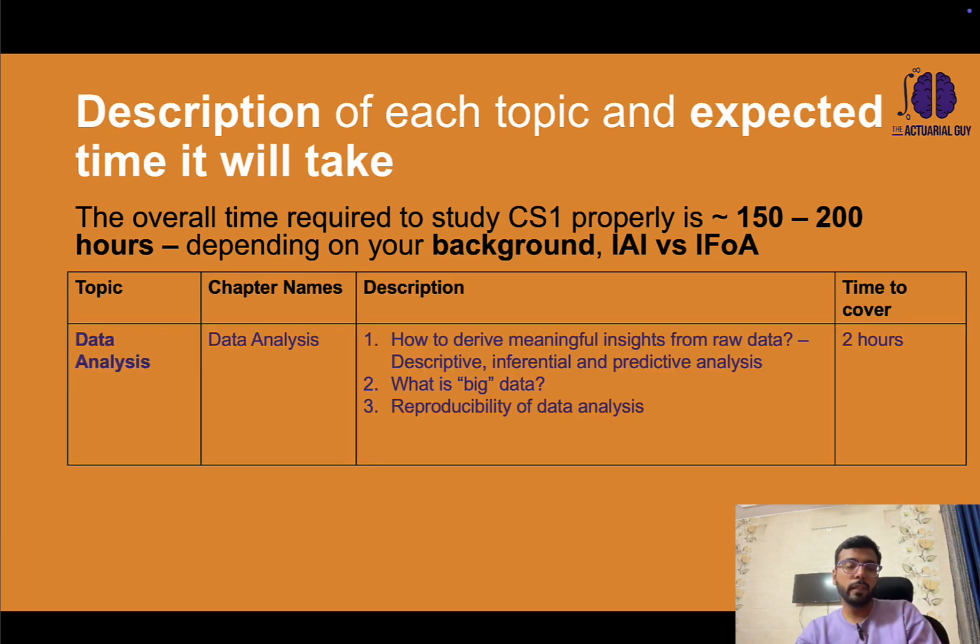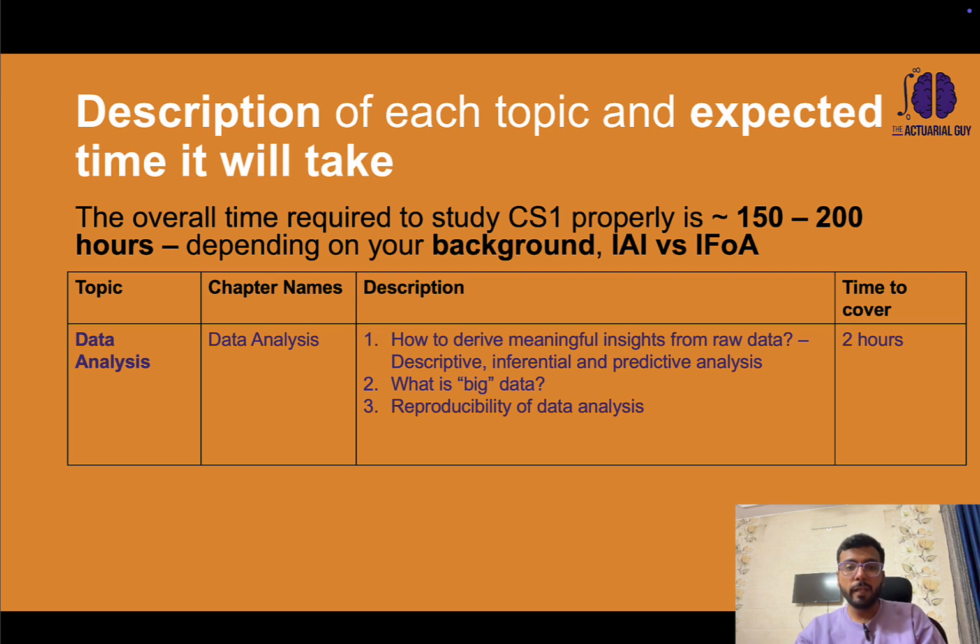The first unit here is related to data analysis. There's only one chapter here, which is called data analysis. It'll just take you 2 hours to cover. It talks about what it means to analyze data, how you derive meaningful insights from raw data, what the different types of analysis are, descriptive, inferential and predictive analysis, what big data means, right? That's a very popular term these days.